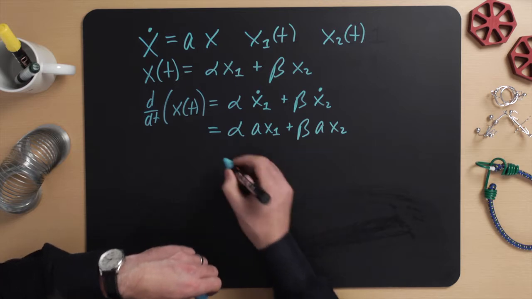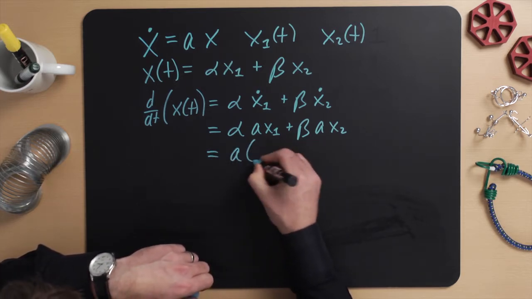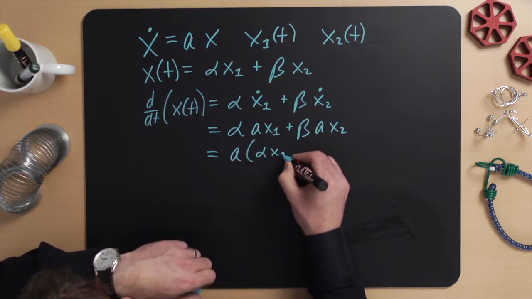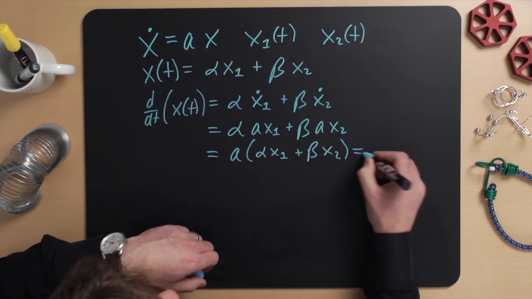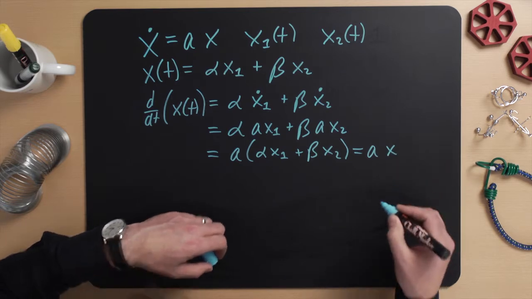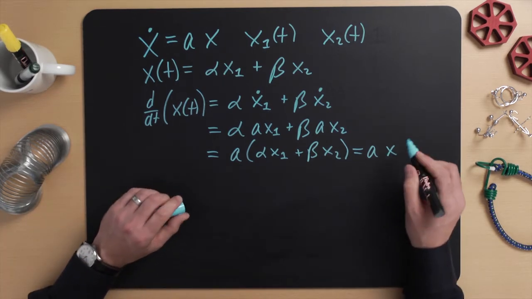Now if we factor out the a, we get a times alpha x1 plus beta x2, and that of course is just equal to a times x. That means that x really does solve the differential equation.